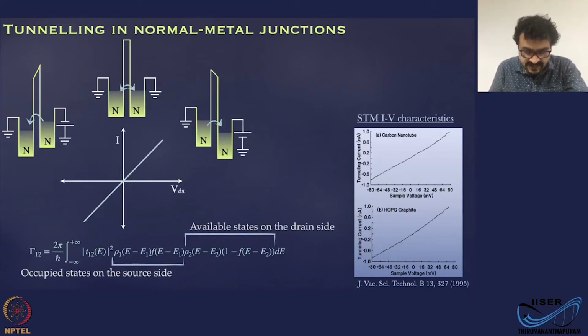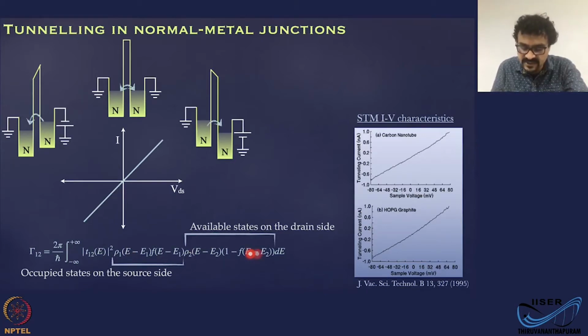So, tunneling is a function of the transmission coefficient of the barrier or the interface. The first two terms here, the ρ1 and the F1 combined, tell you how many states are there on the source side to donate electrons.